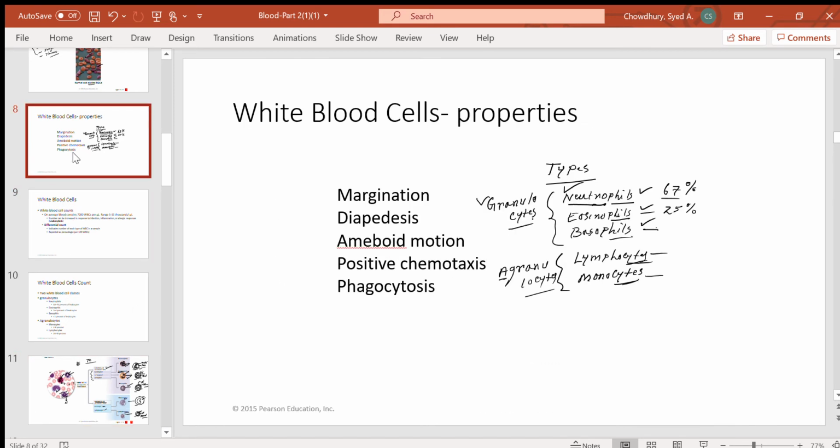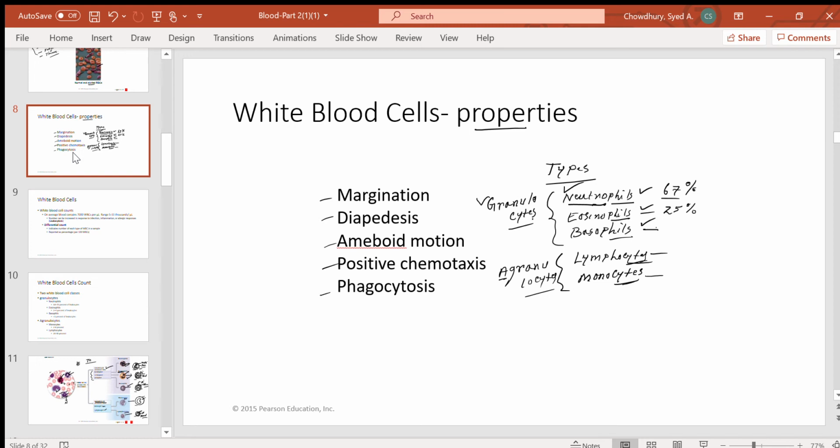Okay, now let's go back to this slide. Properties of the white blood cells. These are called the physiological properties or functional properties. Margination, diapedesis, amoeboid motion, positive chemotaxis, and phagocytosis.